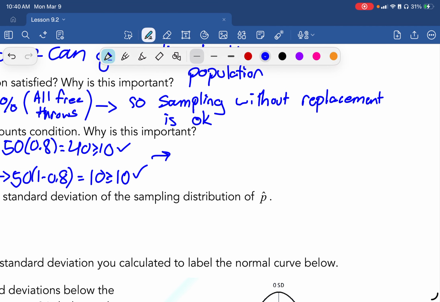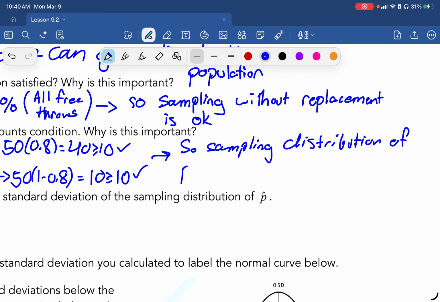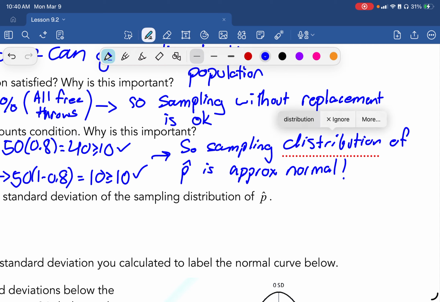Why do we care? So the sampling distribution of p hat is approximately normal. Again, that's really important here. It's so that we can now use a normal distribution to do the things that we need to.